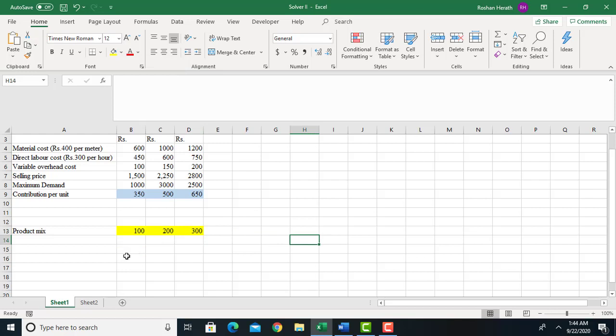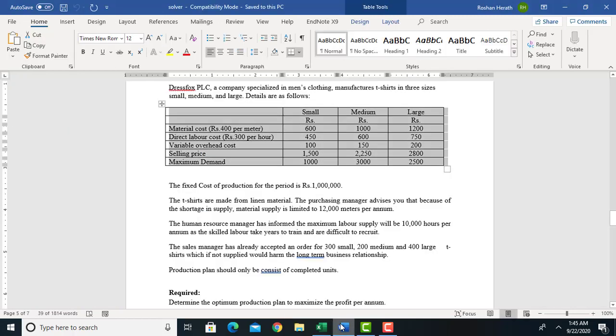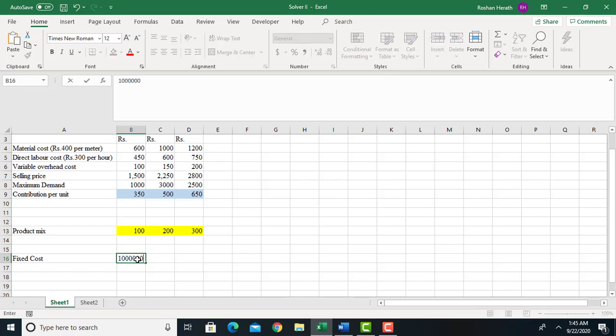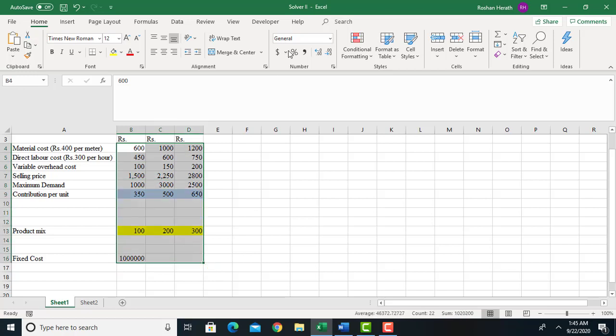And also you would have been given the fixed cost information. So you can take that fixed cost information as well. The fixed cost was said to be 1 million. You can take it, 1 million. So you can format this.